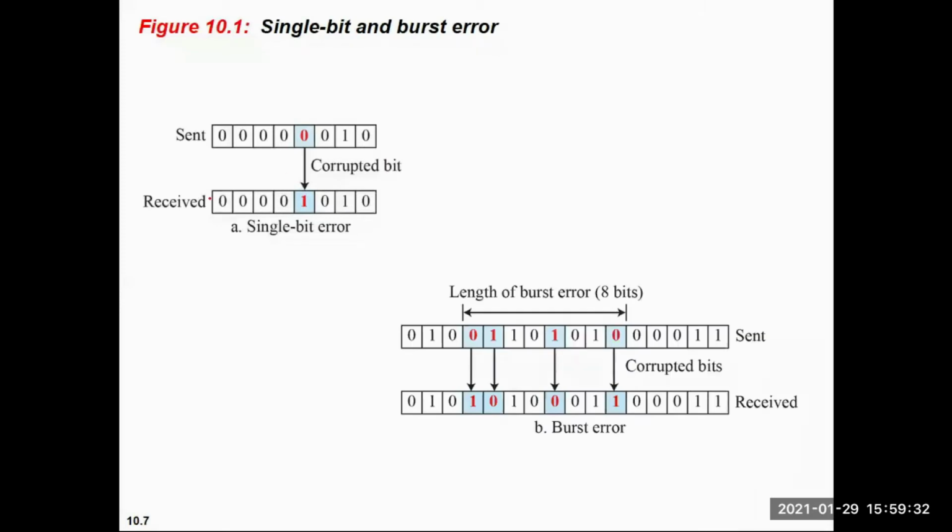In this second case, you can see here that we have sent 8 bits and 4 bits are corrupted while transmission. So these 4 bits are changed. So this is the case of burst error. So we will see how we can correct or detect these errors.